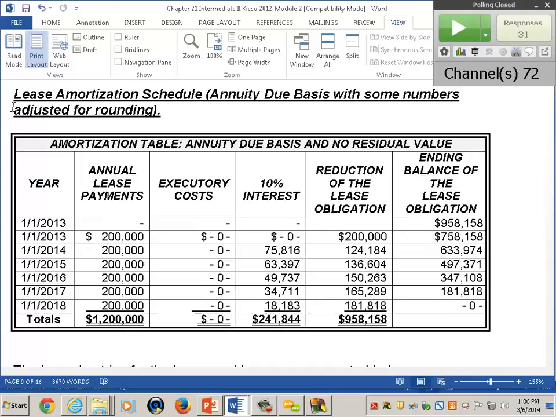If you go to page 10 and look up at the monitor, for the lessor, when they sign the lease contract, they debit the receivable, so they're putting a liquid receivable on their books for the present value of the minimum lease payments or the fair value, whichever is lower, and they credit the equipment inventory or regular inventory.